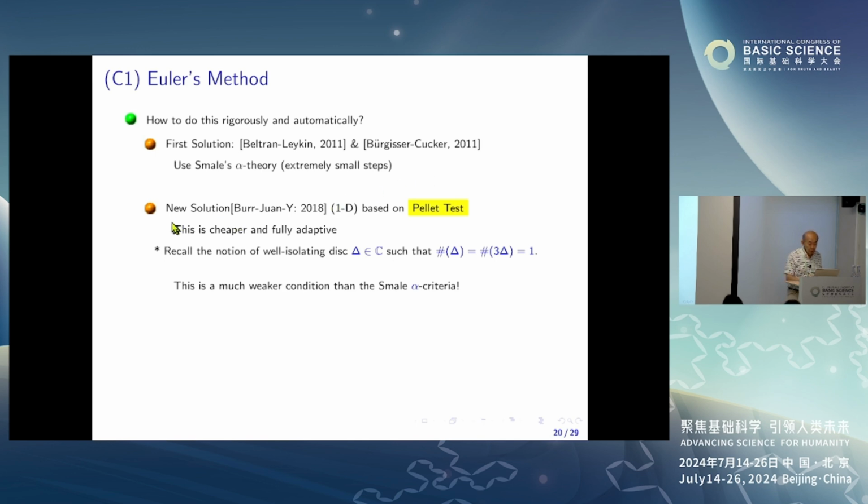And in ISSAC 2018, we came out with something based on the Pellet test, the same Pellet test that I talked about in root isolation. Again, we have this notion of well-isolated disks. And this notion of well-isolated disks is much weaker than Smale's alpha criteria.